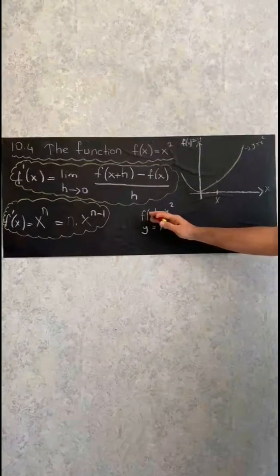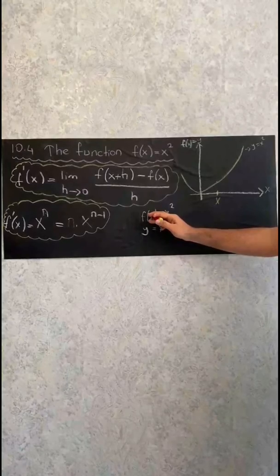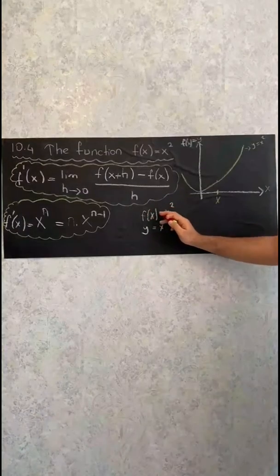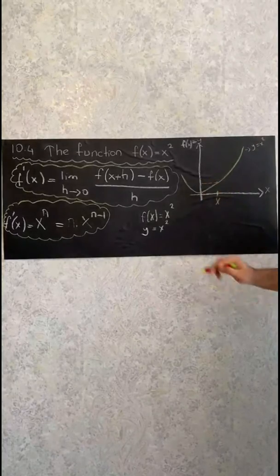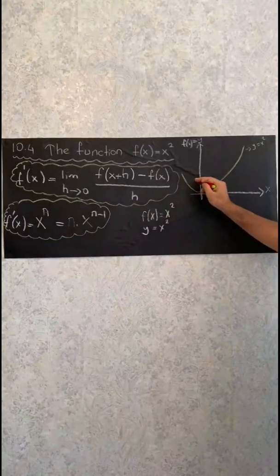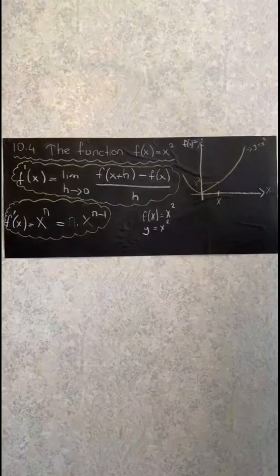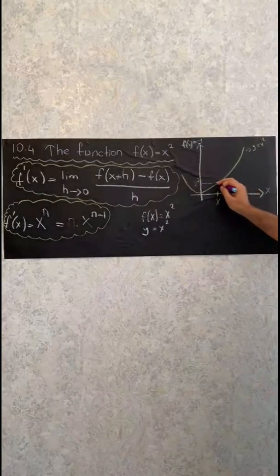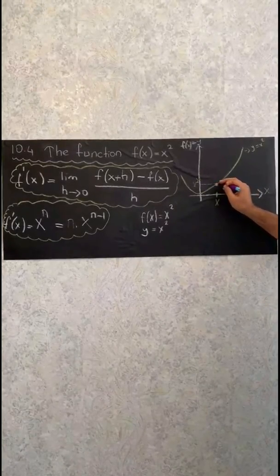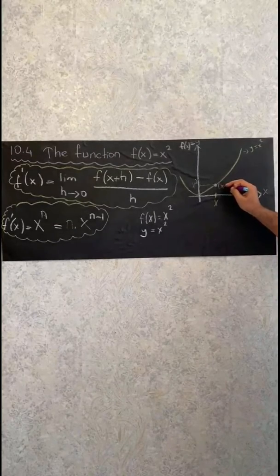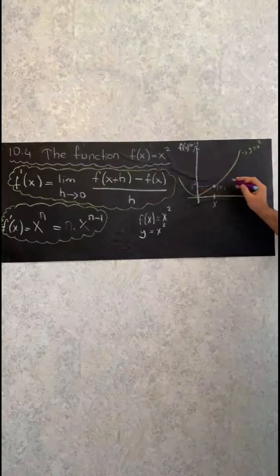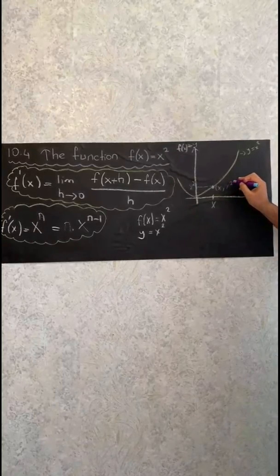If x is the input, the function f of x is x squared. So this point has first coordinate x and second coordinate y, which is x squared.